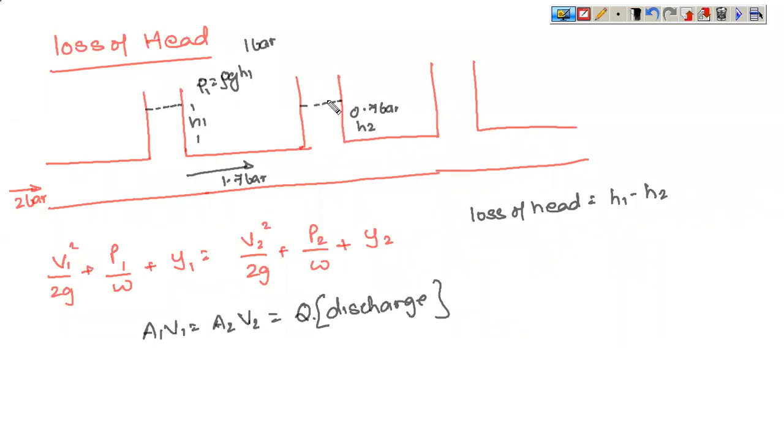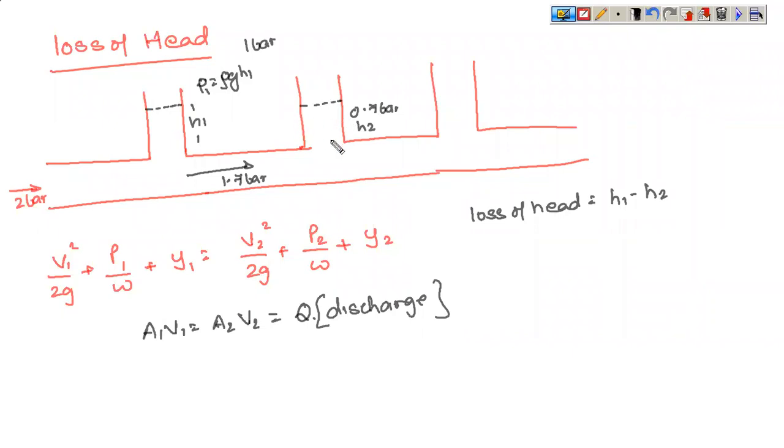In that case, this is loss of pressure head due to decrease in dimensional properties. Sometimes there is also an increase of pressure head. Where will there be an increase? Suppose this diameter is more.